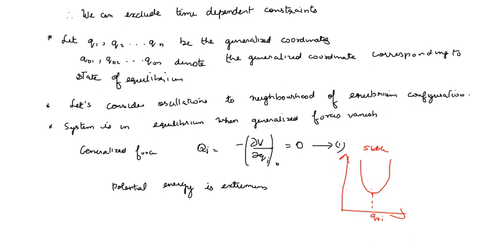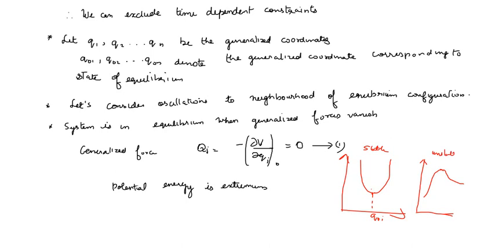Now, unstable equilibrium means the extremum potential is maximum at that point, and when it is displaced from that equilibrium point, it undergoes oscillations or... This is called unstable equilibrium.